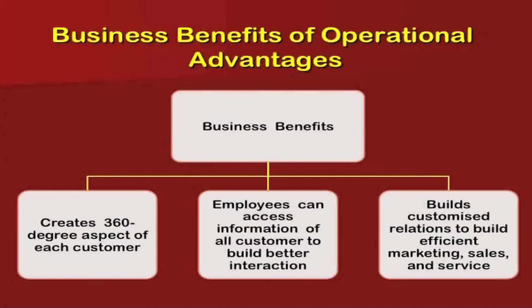So what are the business benefits? They basically include the advantage of getting a 360-degree feedback, that is you can know everything about what the customers are complaining about, where they are feeling satisfied, and how they are managing the products so that they can purchase them in an easy way. Everything about the customer is recorded.